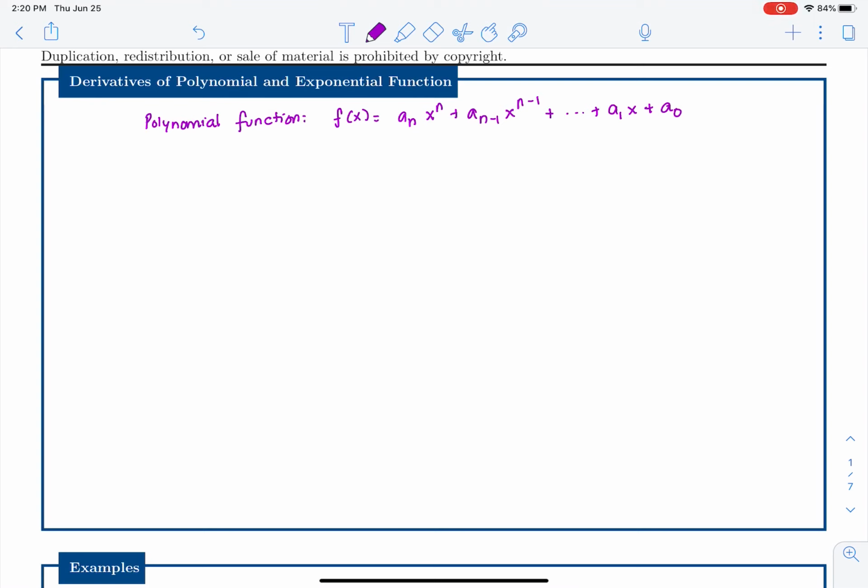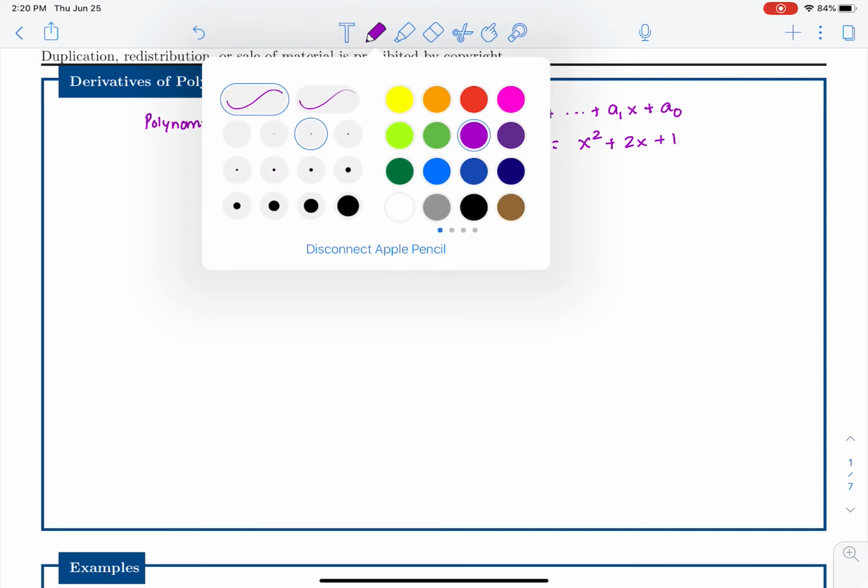So as an example, a linear function f of x equals 3x minus 2 is a polynomial. f of x equals x squared plus 2x plus 1 is a polynomial. So what is the rule to find the derivative of a polynomial? The rule is quite simple.